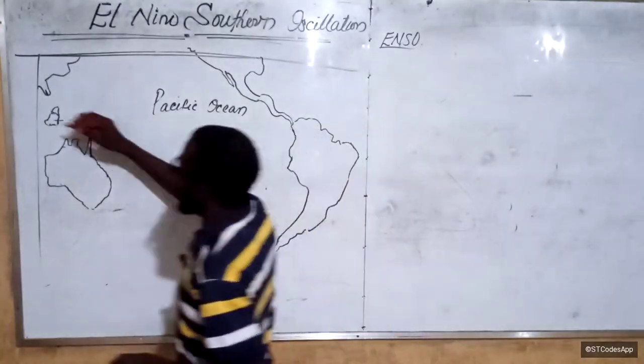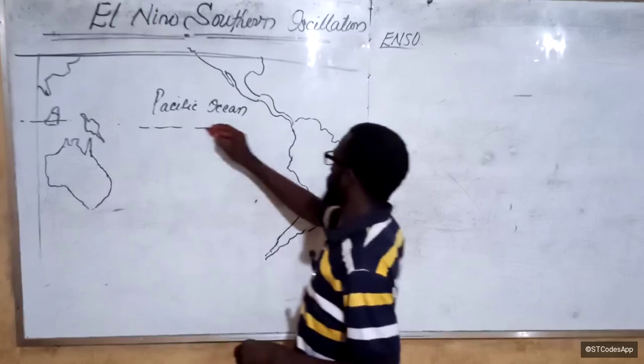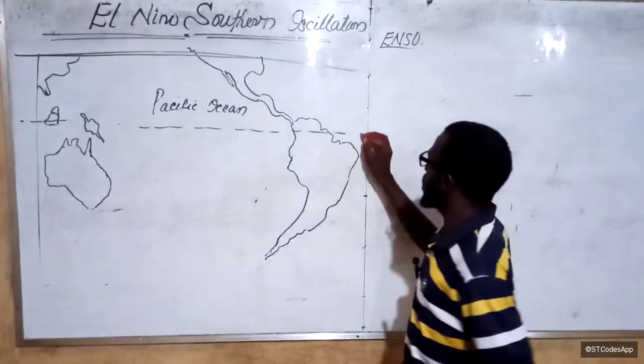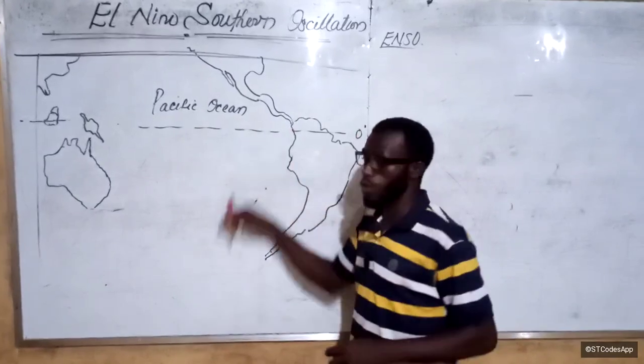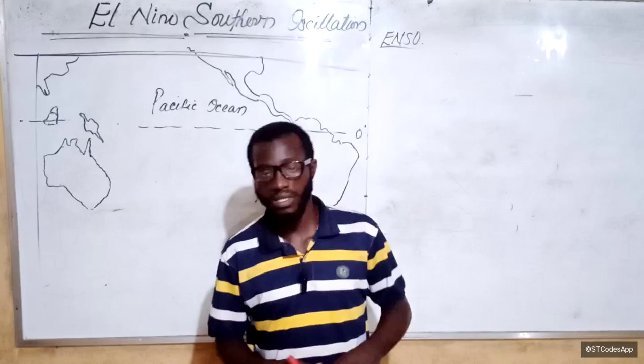If you recall, around this region is where we have the 0-degree line, that is the equator, the geographic equator, and below it is where we have the southern hemisphere.